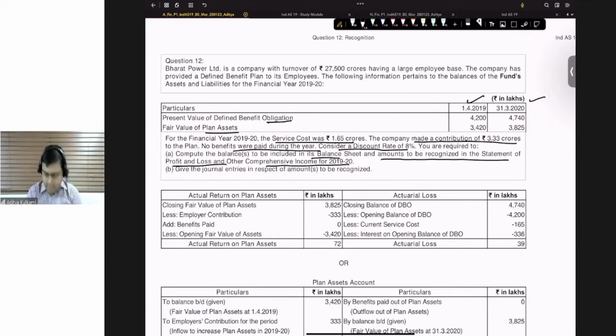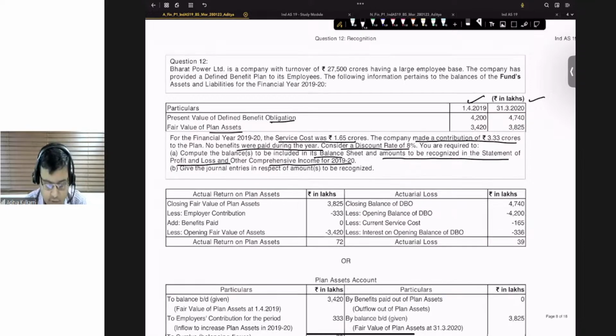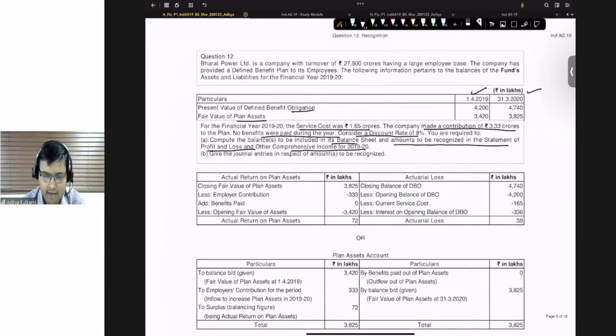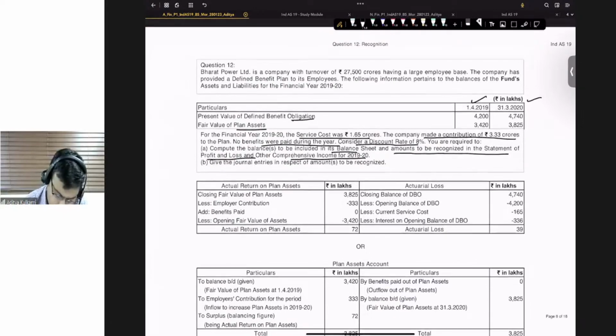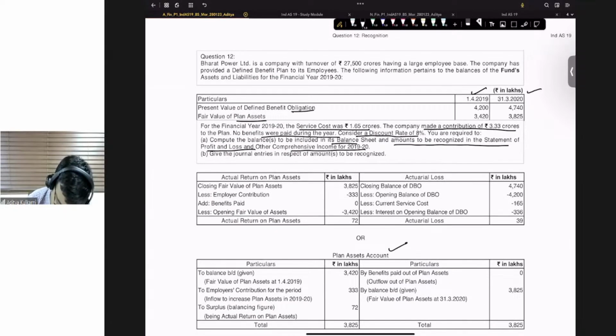Done? Yes. So now let us first do it the long way. Then we will look at the net presentation. Let us do it the long way, because in the long way, the chances of us making a mistake are very less.